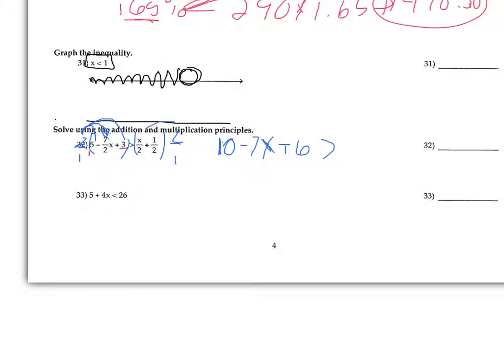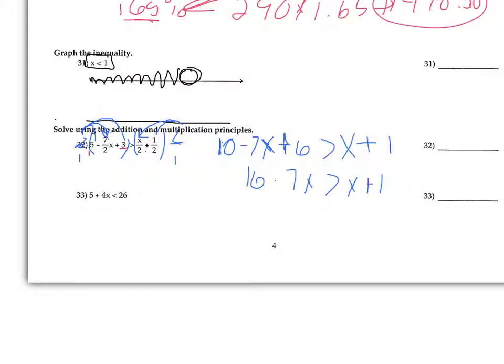Over here, 2 comes in here, 2x divided by 2, the 2's cancel, we get x. And finally, 2 times our 1/2, 2 over 2 is plus 1. So we've multiplied through by the lowest common denominator to clear all of the fractions. Now we want to go ahead and combine like terms. 10 plus 6 gives us 16 minus 7x is greater than x plus 1.